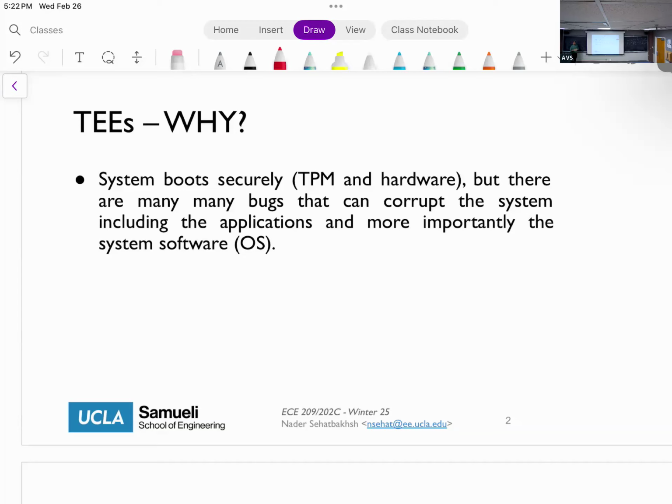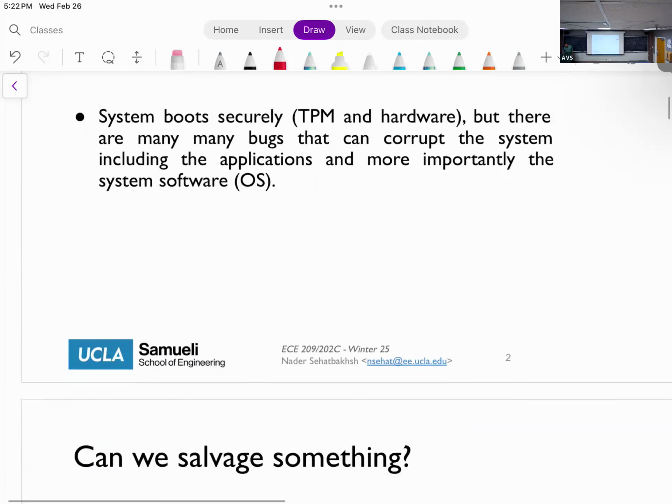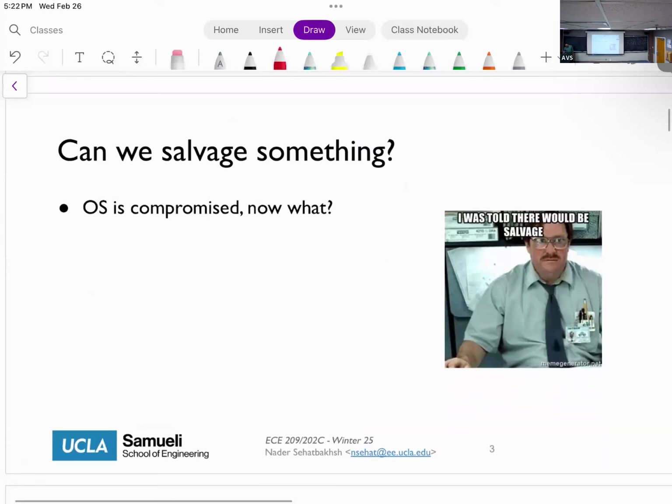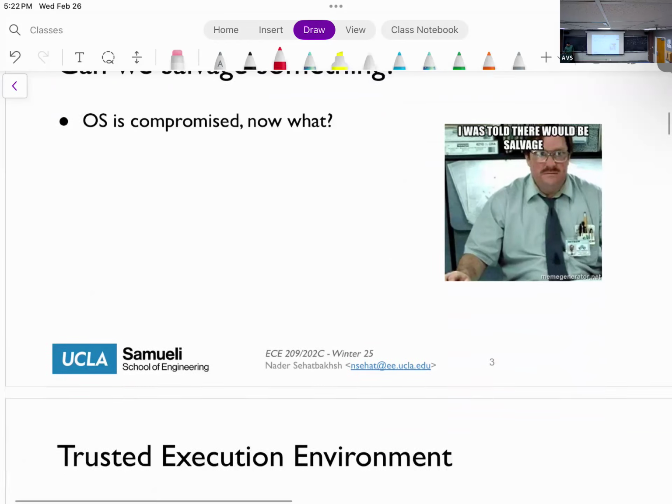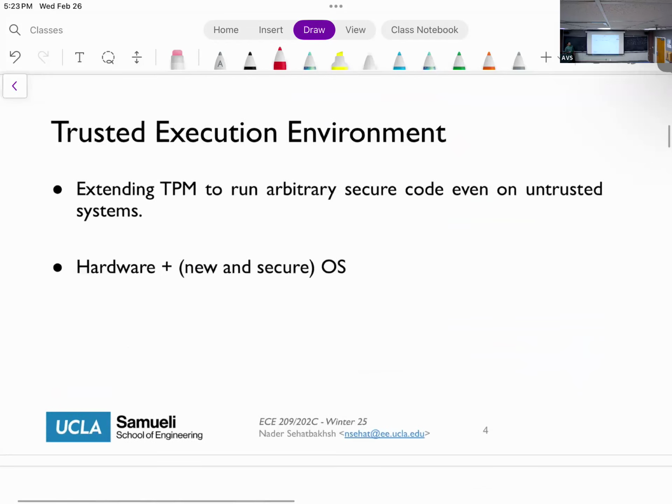You want additional guarantees to trust the system. This is where trusted execution environments come in. The idea is that we assume the OS or the software of the system is fully compromised. Can I still run some application in this system securely? This is what we call a trusted execution environment, or TEE.